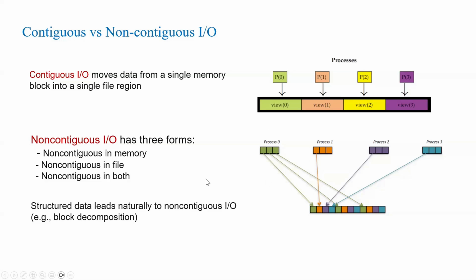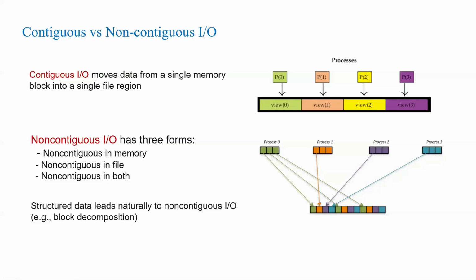The more common one is non-contiguous I/O. We normally talk about non-contiguous in file. However, by definition, it could have three forms: non-contiguous in memory, non-contiguous in file, and non-contiguous in both.